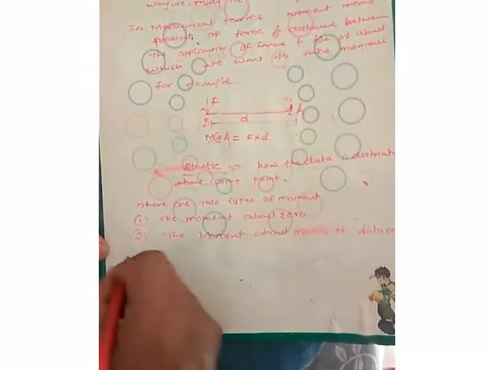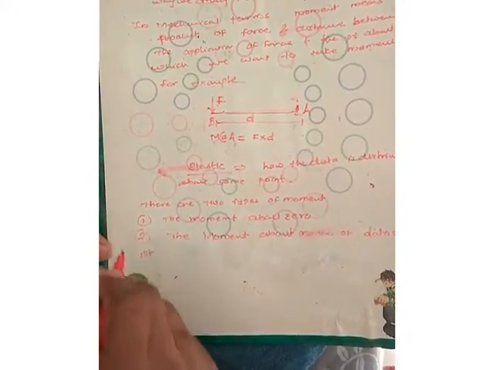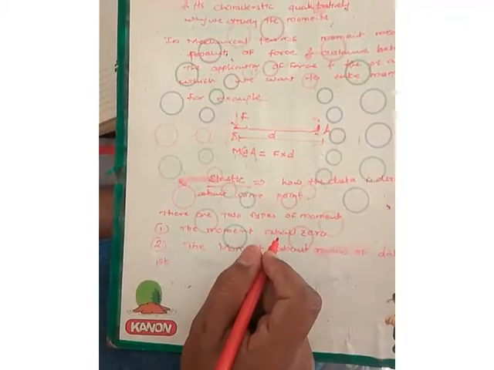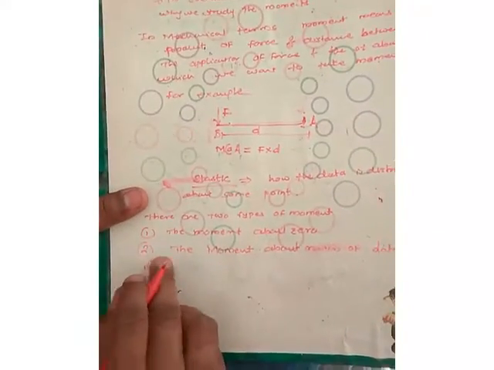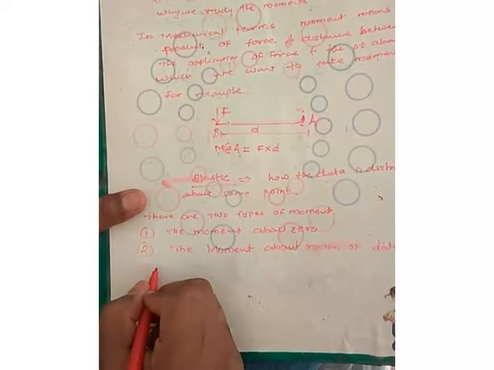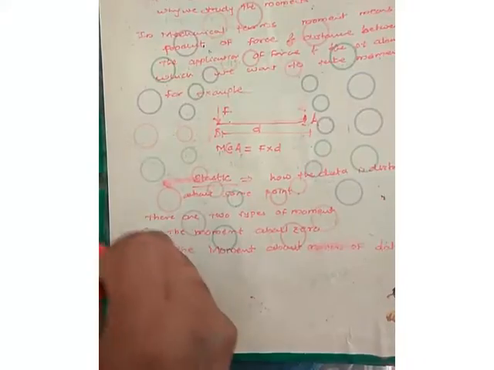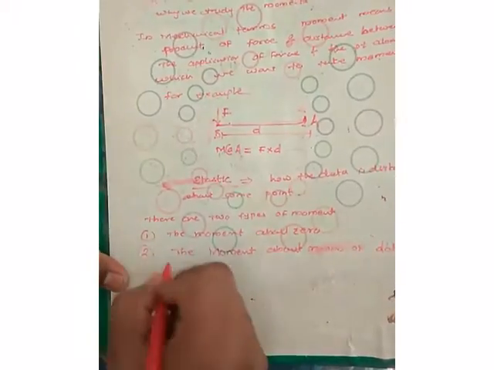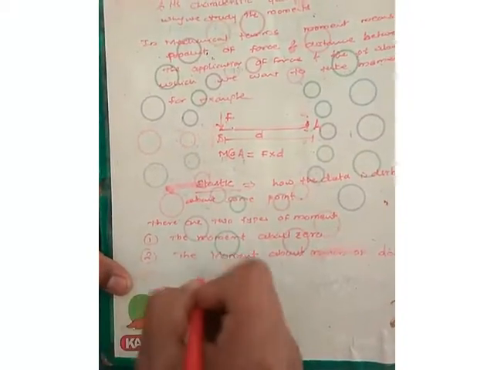To explain the first one, consider the raw data. I'm going to explain the basic mathematical definition of the moment.